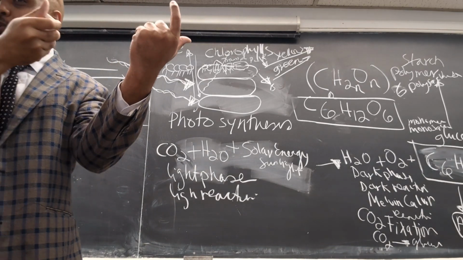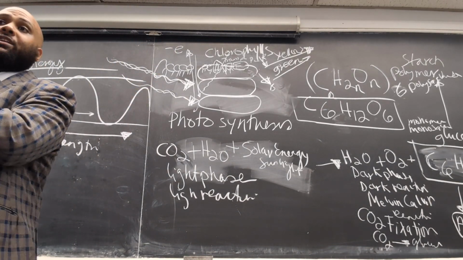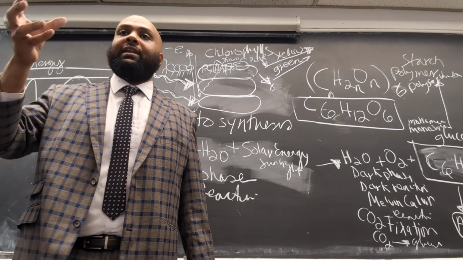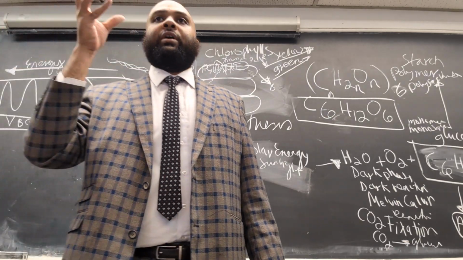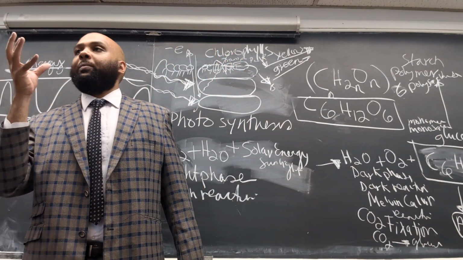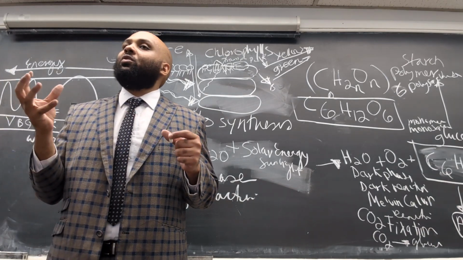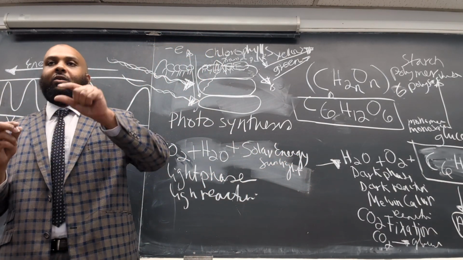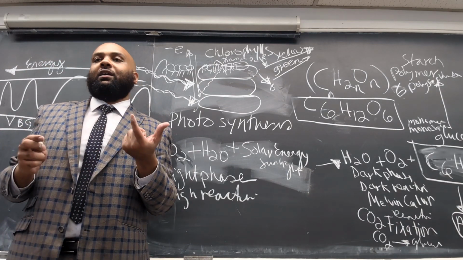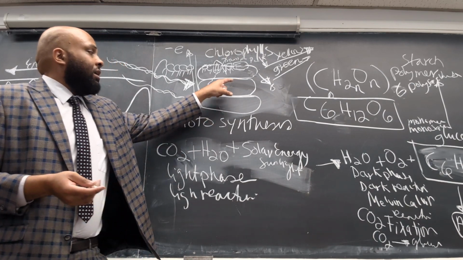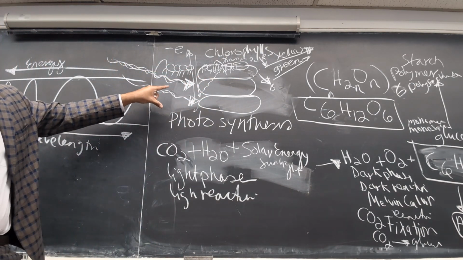They do not absorb green and then project green. That's wrong. So when we project white light, light energy, to our plants, they're going to look red because they have absorbed a color of a different wavelength in our electromagnetic spectrum, and then they emit another one. So this is happening in the chlorophyll.